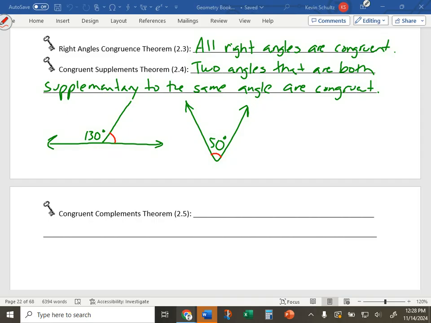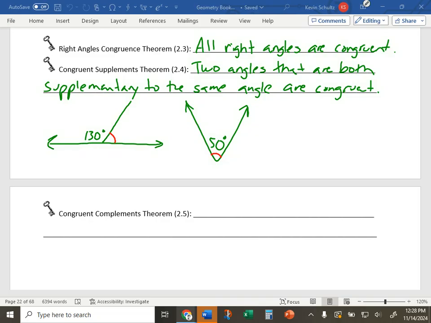How do we know that this unmarked angle is supplementary to our 130 degree angle? Because you need 180 degrees to make a line. Two angles make a line, so it has to be 180 degrees. That has to be 50. So there are two angles that are both supplementary to the same angle. Therefore, they are going to be congruent.